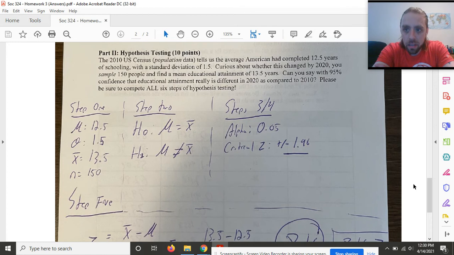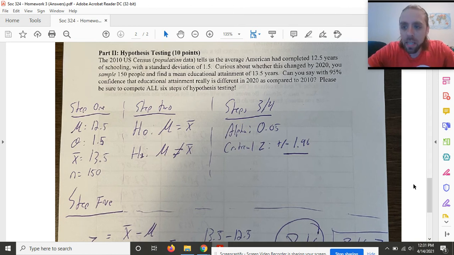2010 census population data, which might be helpful, tells us that the average American had completed 12 and a half years of schooling, 12.5, with a standard deviation of 1.5 years. We are curious whether this has changed by 2020, so we sample 150 people, and we find a mean of 13.5 years of schooling.